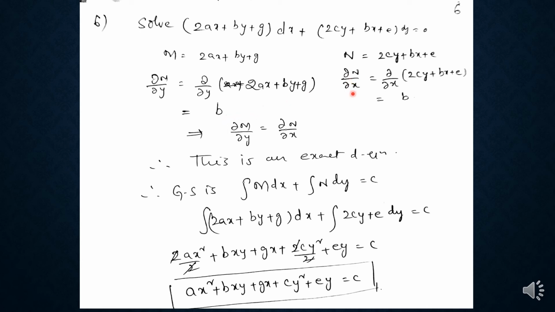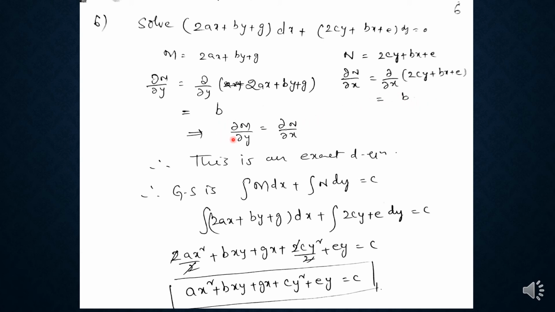And dou N by dou x of 2cy plus bx plus e. Here y is constant, so dou by dou x of 2cy is totally constant, that becomes 0, plus dou by dou x of bx is b and dou by dou x of e is also 0. So finally we got dou N by dou x is equal to b.